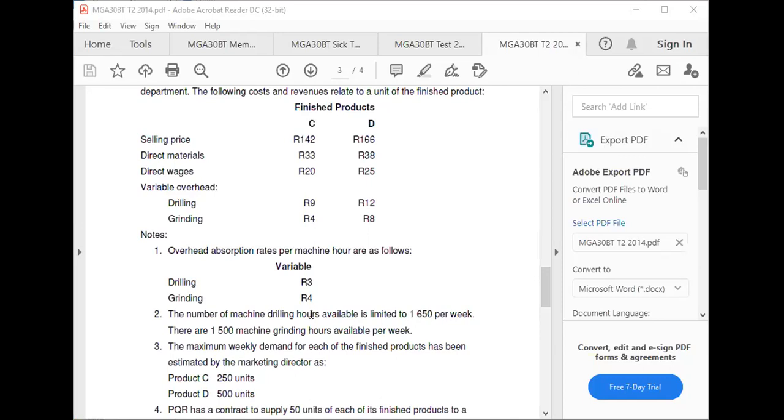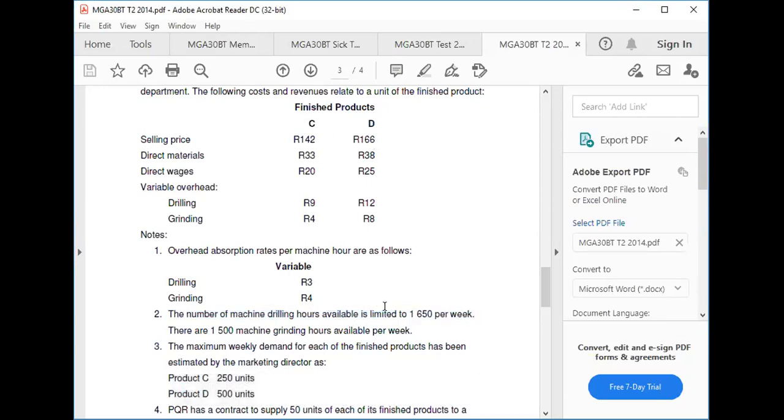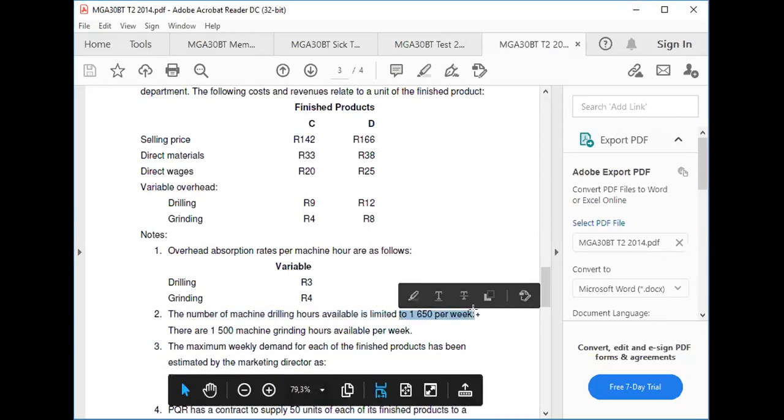Now they are saying that the number of drilling machine hours available per week is limited to this. So we must determine how many drilling machine hours we are going to need for both product C and D, the total. If the total is more than this, we're going to have a constraint. If the total is less than this, we are fine. And then we also check the same thing with the machine grinding hours.